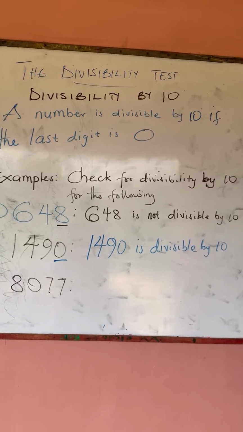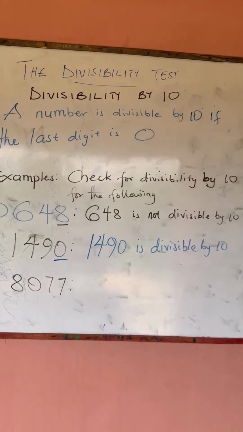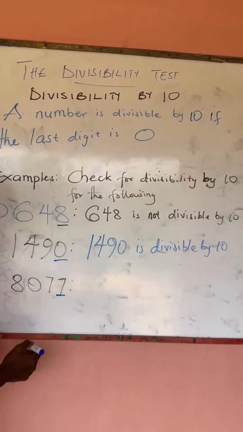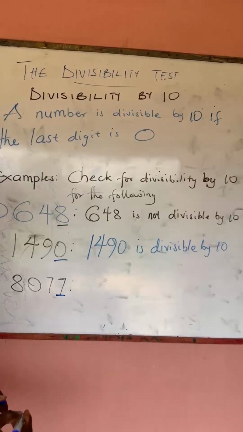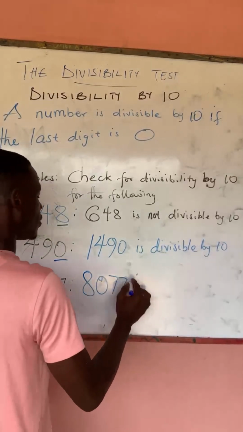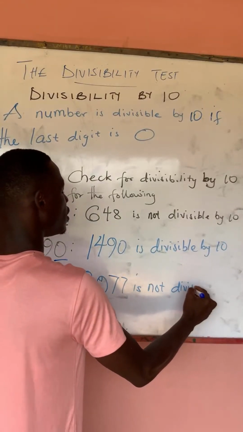Is it divisible by 10? Alright, so our last digit here is 7. And since 7 is not 0, we conclude that 8,077 is not divisible by 10.